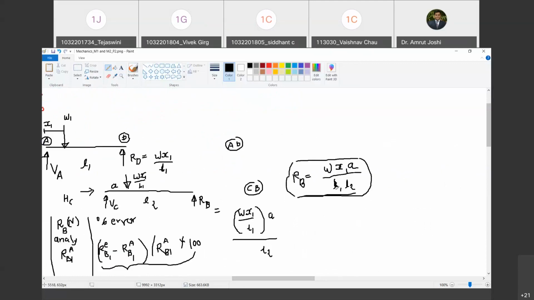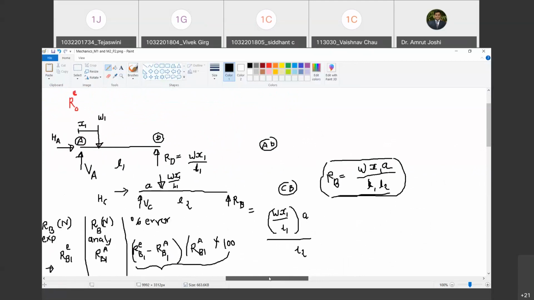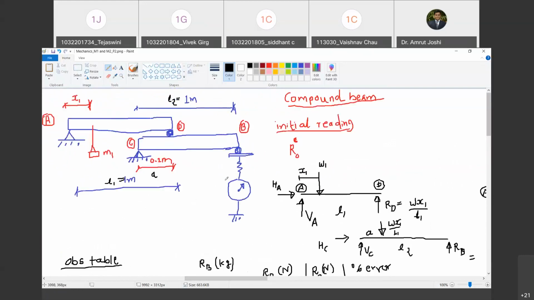Are you with me? Yes, sir. So have you provided the write-up yet? No, I will be providing it, but I have intentionally taken this different case so that you understand what is going on. Are you with me? So I want you to go through the entire write-up where instead of measuring reaction RB, you will be measuring reaction at C. Happy? Yes, sir.